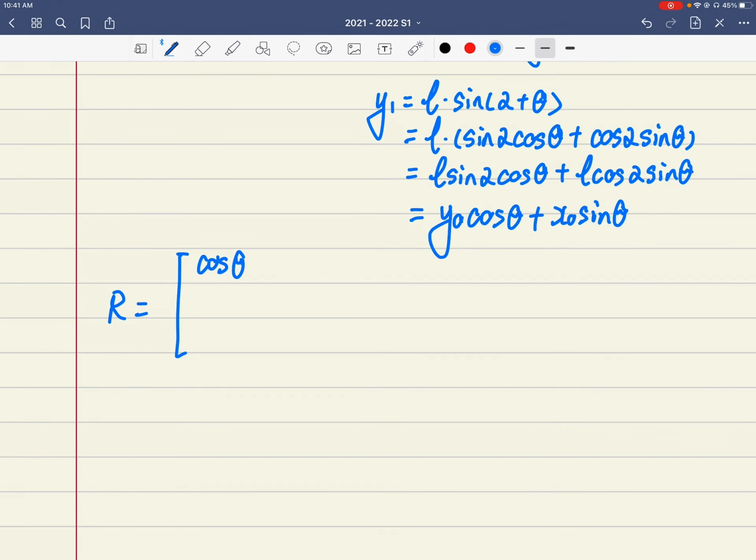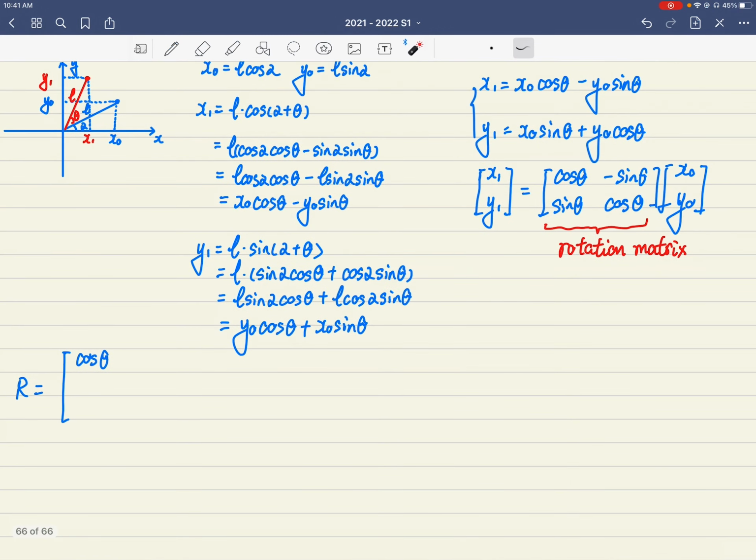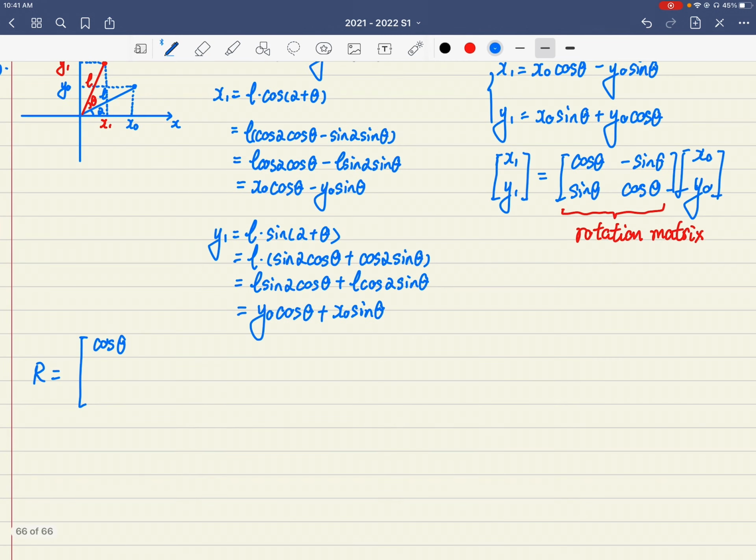Now in our rotation matrix, you can see the first 2 by 2 block is the same: cosine, negative sine, sine, cosine. And here it's 0, 0, 0, 0, 1.